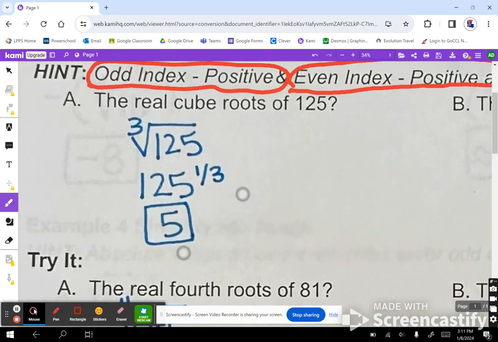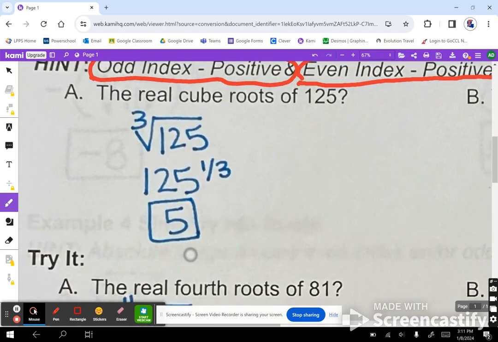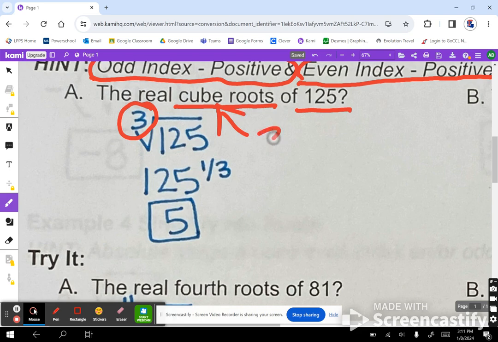Okay, so let's take a look at part A. The real cube root of 125. So cube root means that your index is going to be 3. 125 is going to be your radicand. Cube in math means 3.